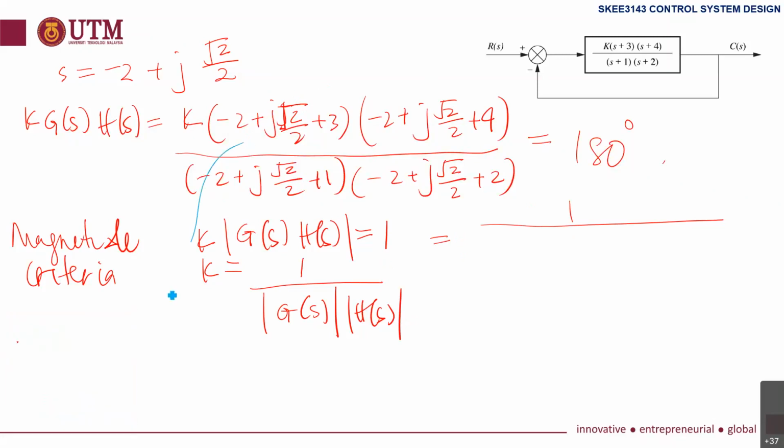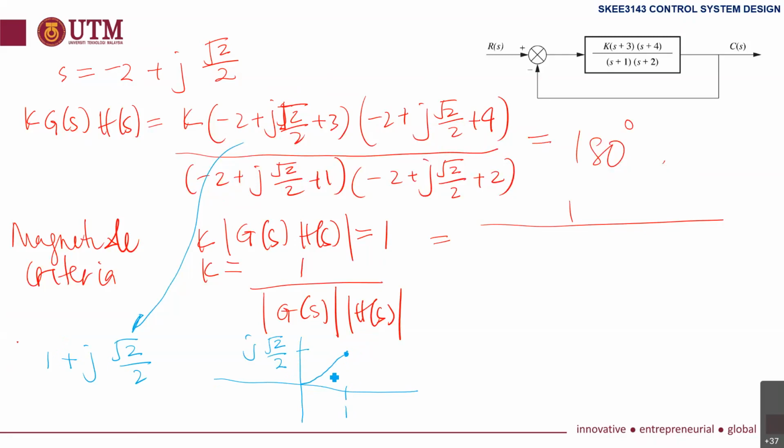Let's take one example. This one, we get minus 1 plus j root 2 over 2. Similarly, it is at this point 1, j root 2 over 2, and the magnitude that we consider is this one.